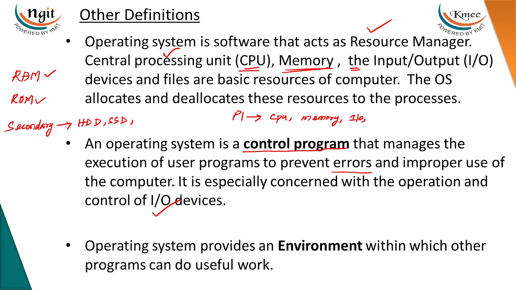How these resources are managed and controlled, how program execution is controlled by operating system, we'll discuss in later chapters. Operating system provides an environment within which other programs can do useful work. It is also one definition of operating system. Here we are discussing only definitions. The detailed explanation will be discussed in the coming units.